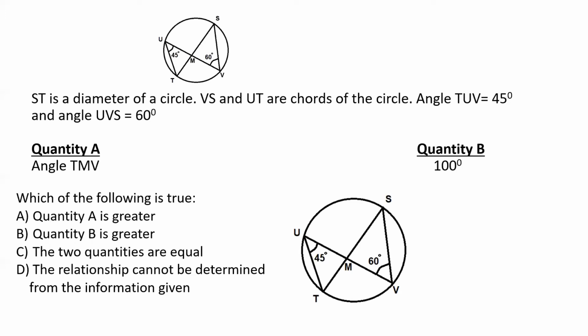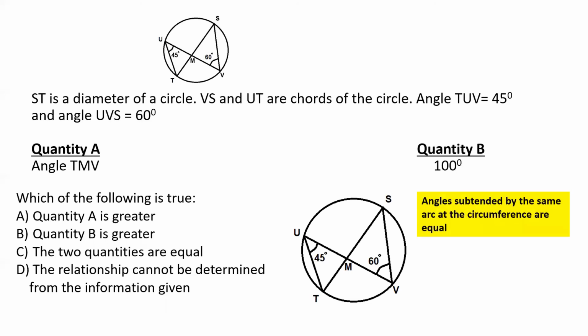In this question, we take the help of a theorem which states that angles subtended by the same arc at the circumference are equal. In the figure, the arc TV subtends angle TUV, which is 45 degrees, at the circumference.